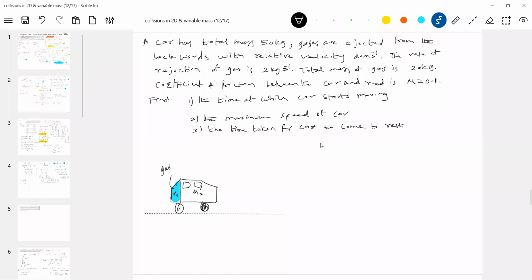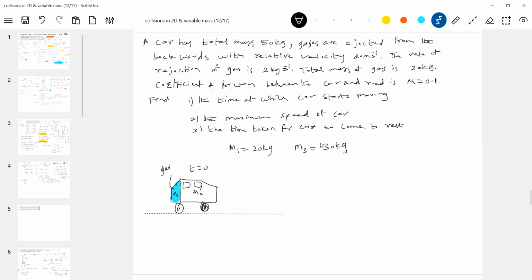Total mass of gas is 20 kg. So what is the mass of the gas? It is 20 kg. Mass of the car is 30 kg. So therefore the total mass will become 50 kg. And initially let it be at rest, and there's a gas or a fuel, whatever you can say. Now there's a system, initially this is t equal to 0.